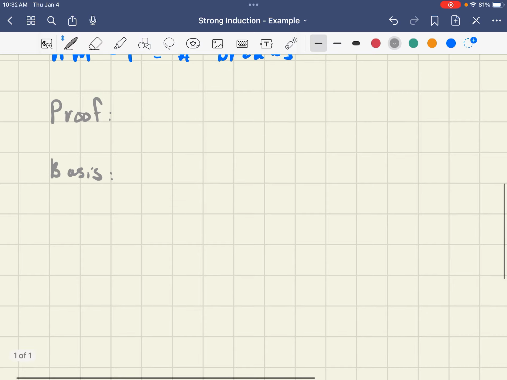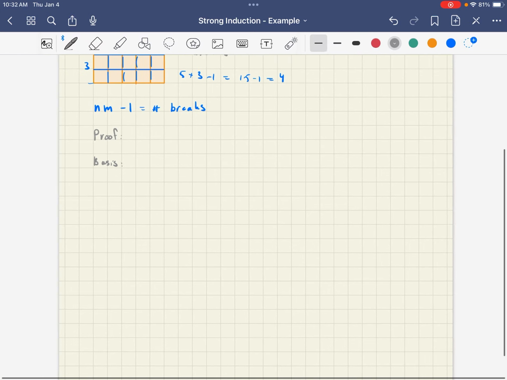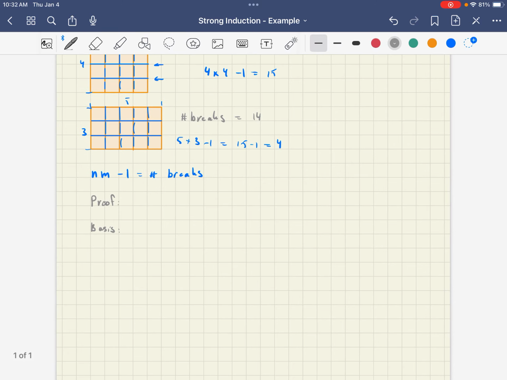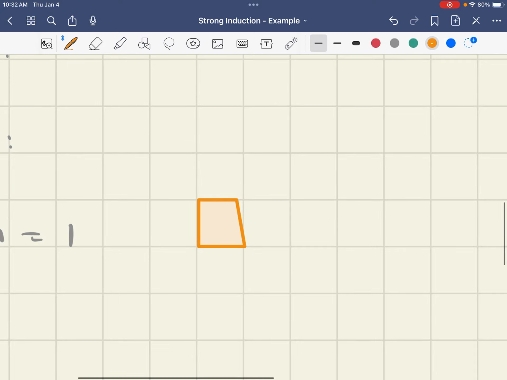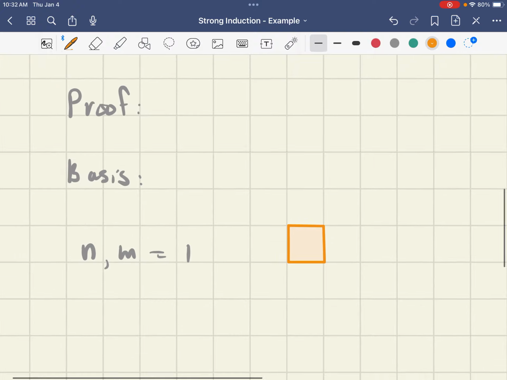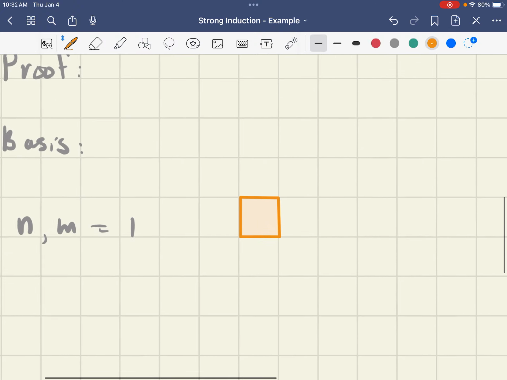So for the basis, we need to show the really base case, which is when n and m equal 1. That's when our chocolate bar is literally only 1 unit, and we can't break it up anymore. Does our hypothesis, this idea that n times m minus 1 is the number of breaks, hold?